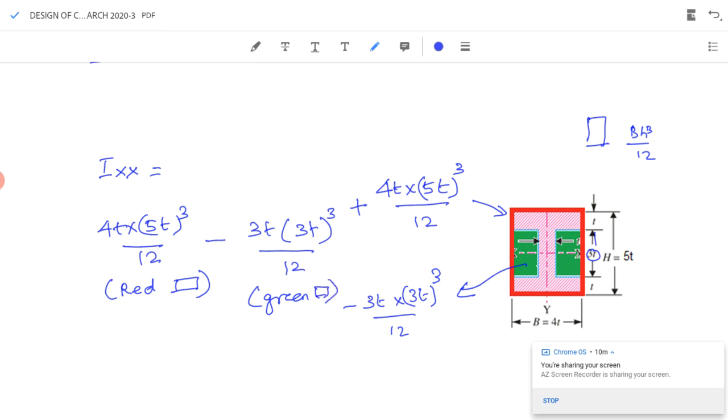So I will get this value: Ixx equal to 419 t raised to 4 by 12.